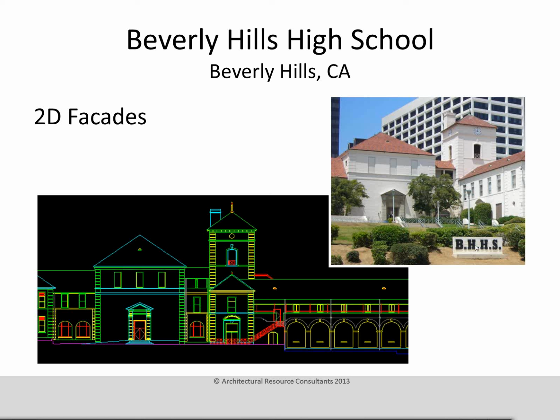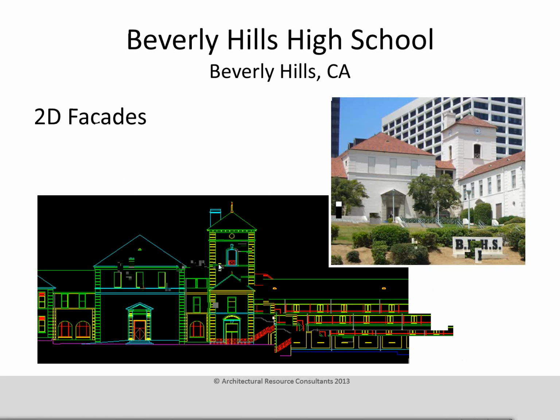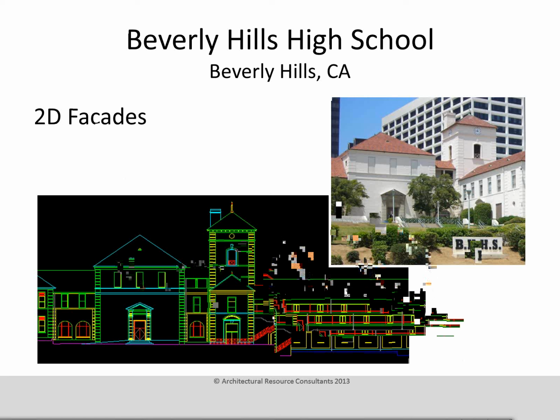It takes time to generate line work in a traditional elevation. With an orthogonal image, you basically use the scanner to scan this building facade, and then you can create an image that's perfectly orthogonal. You drop that on a sheet. It's nothing more than a JPEG image, but it's perfectly to scale and perfectly orthogonal. So you can dimension to it. You can draw on top of it.